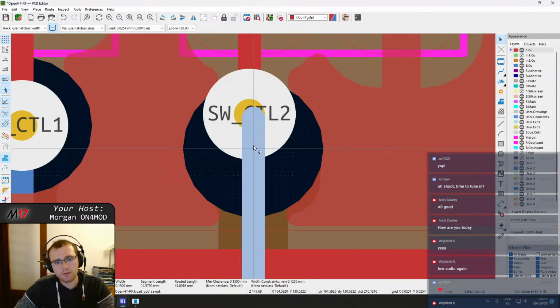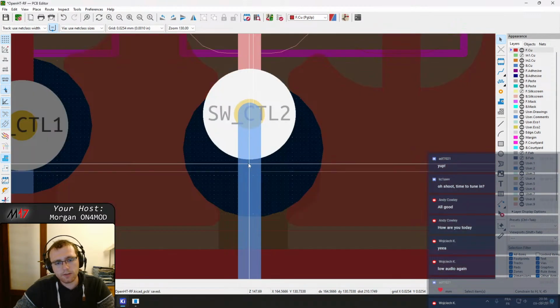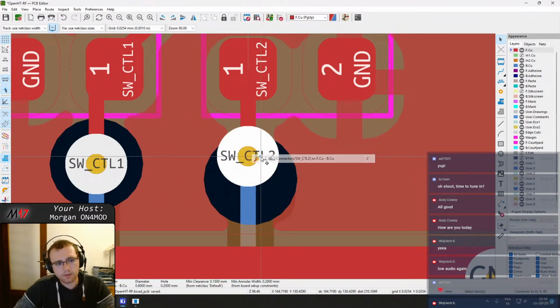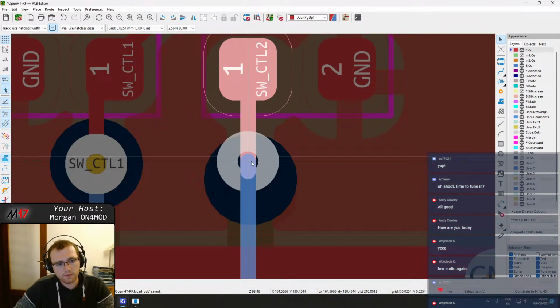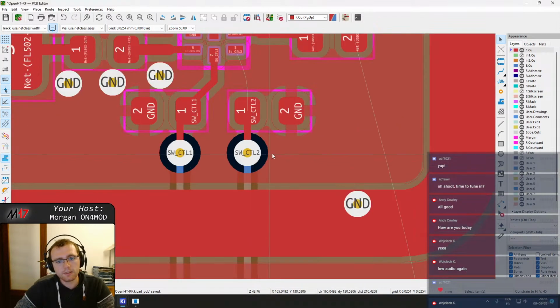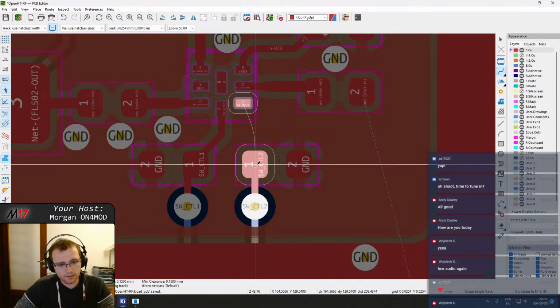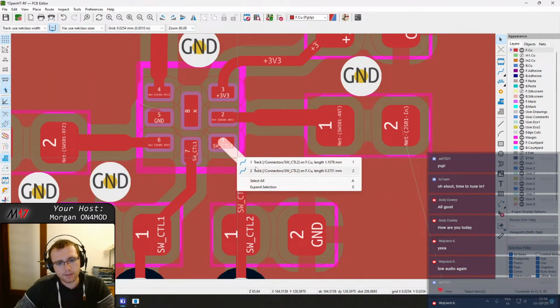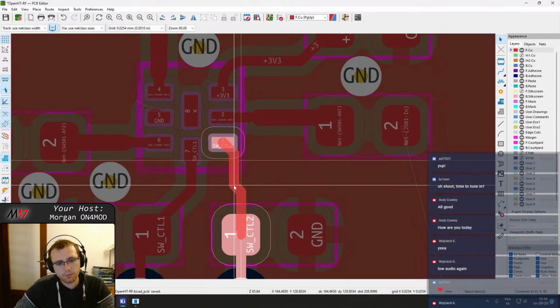Seems to be good now. Okay, this now aligned. Okay, great. And this needs to go here. Let's try to keep it perpendicular.